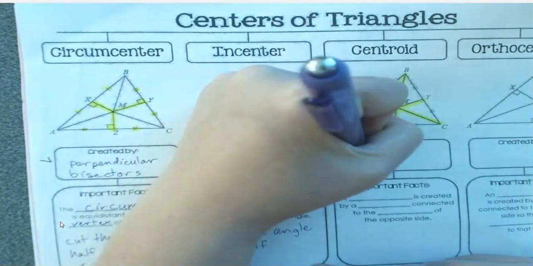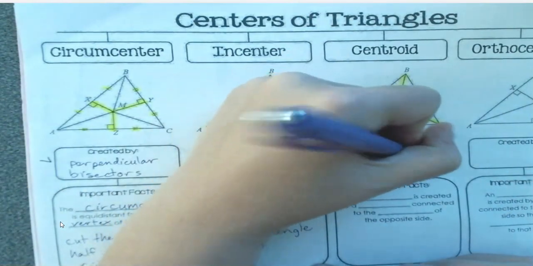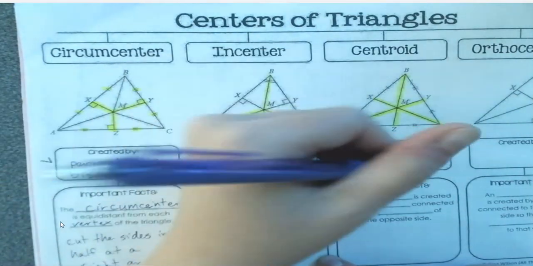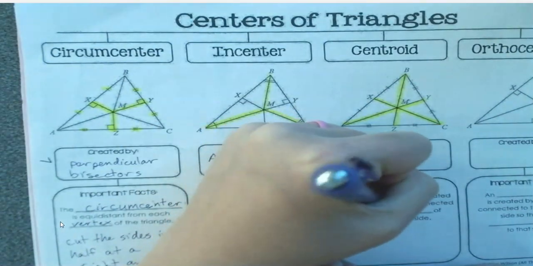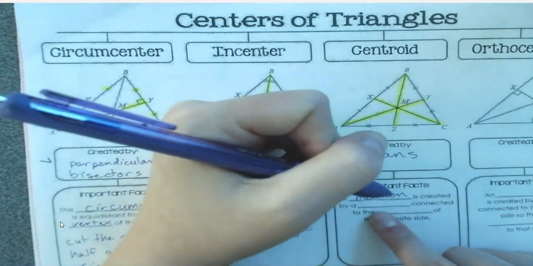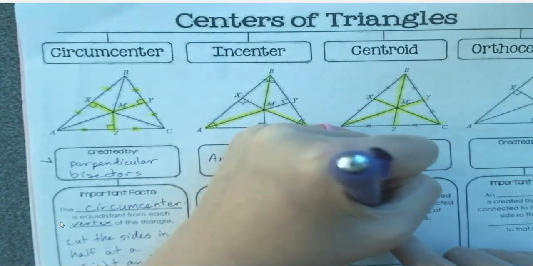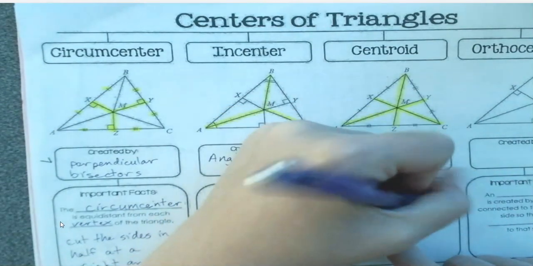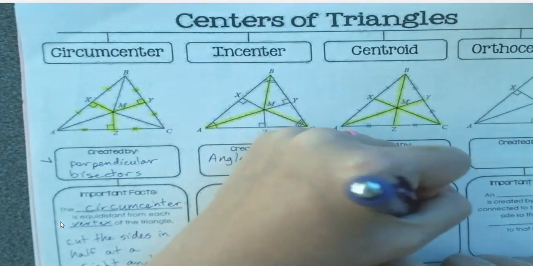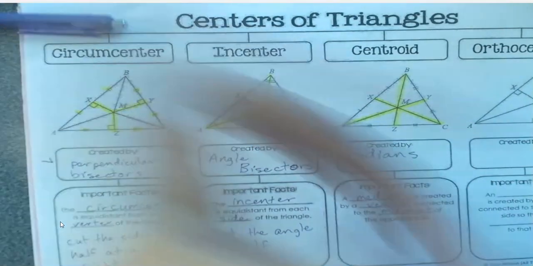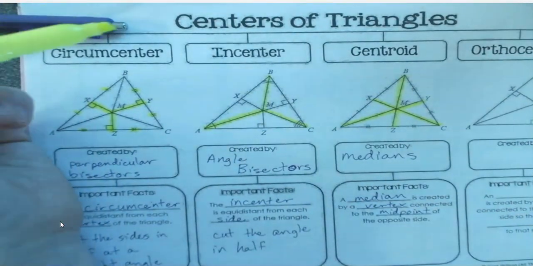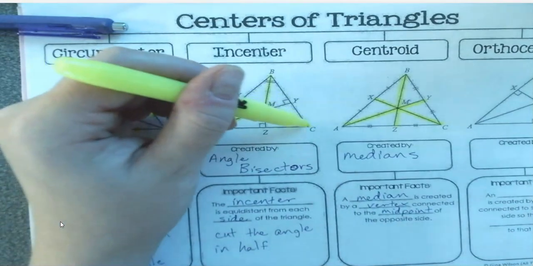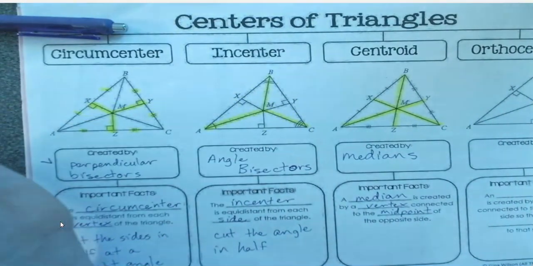The centroid is created by the medians, and then a median is created by a vertex connected to the midpoint. So things that I want you to make sure you notice is the fact that here you've got angle bisectors, but it doesn't cut the side in half.